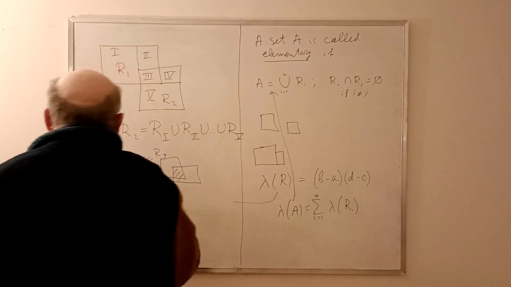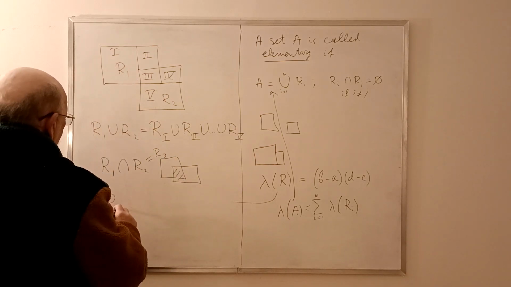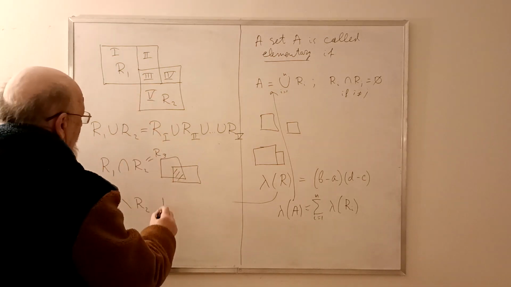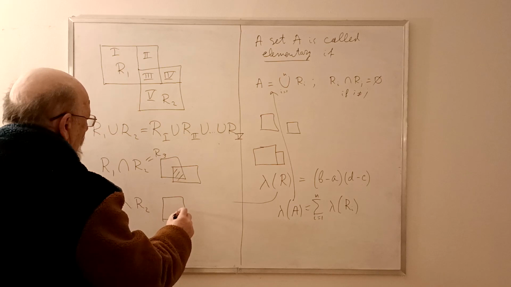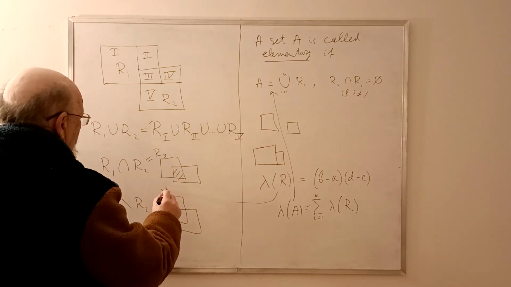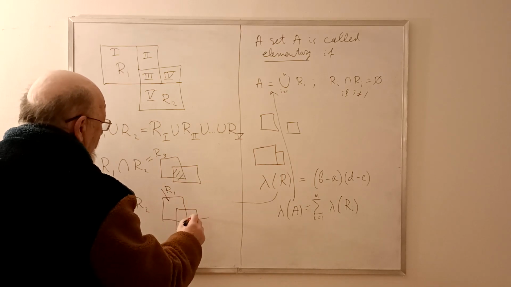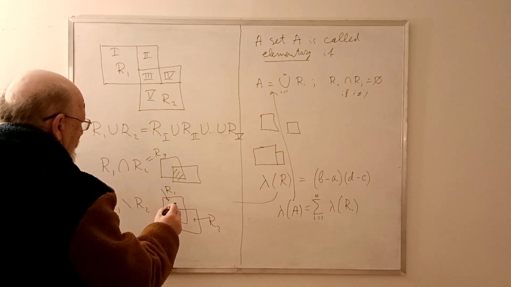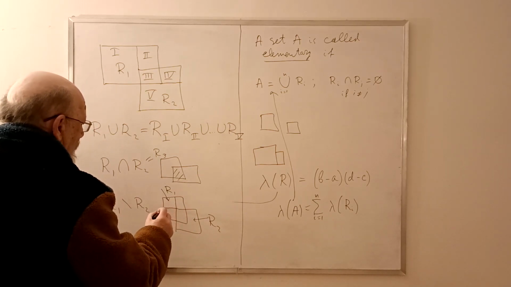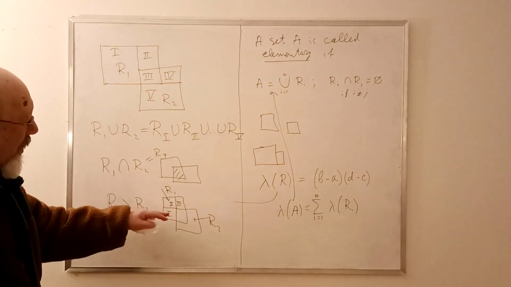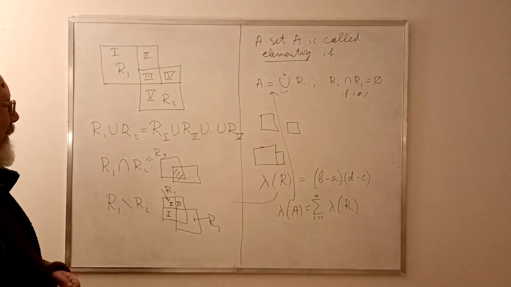And say R1 minus R2. Let me draw this picture. It is R1, it is R2, and R1 minus R2 is this domain, which is also a union of 3 rectangles.